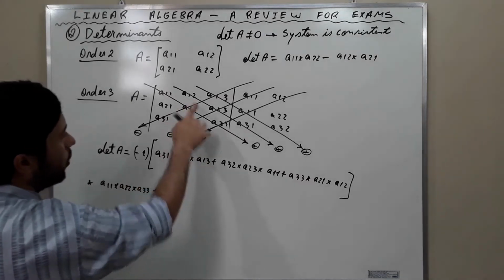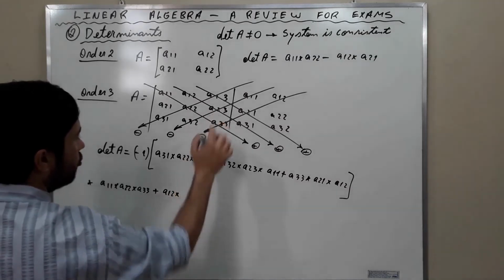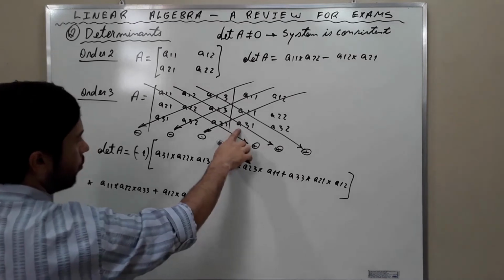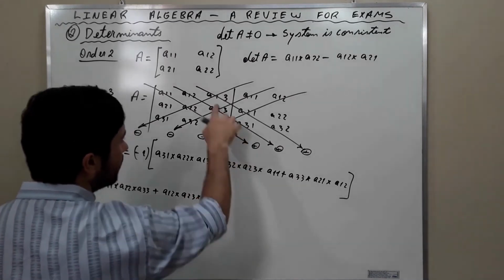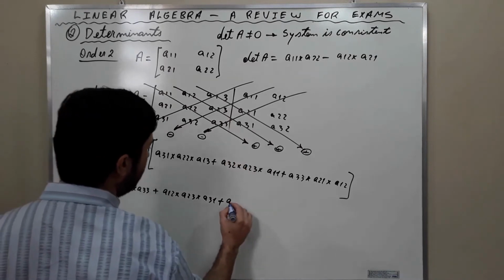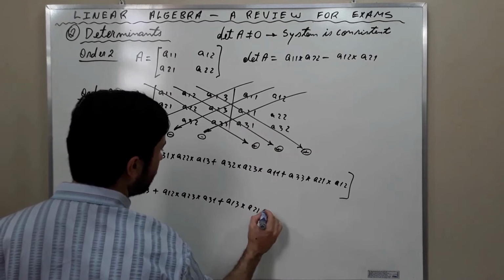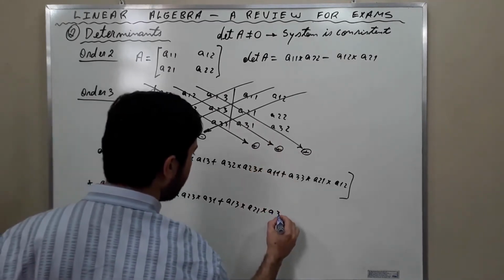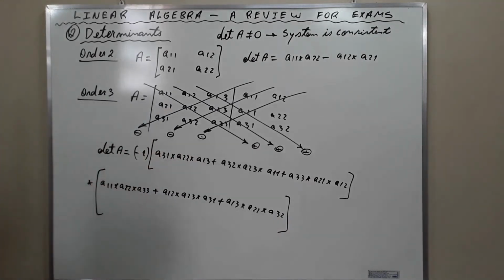Plus A12 times A23 times A31, plus A13 times A21 times A32. Okay? This is the rule of Sarrus.